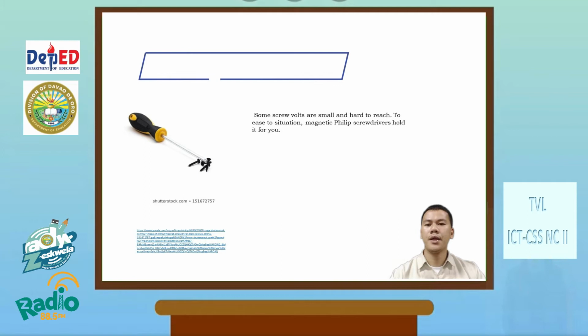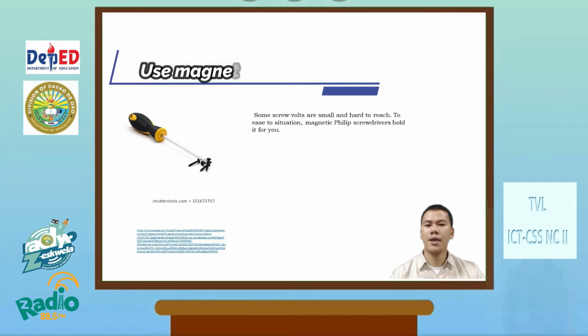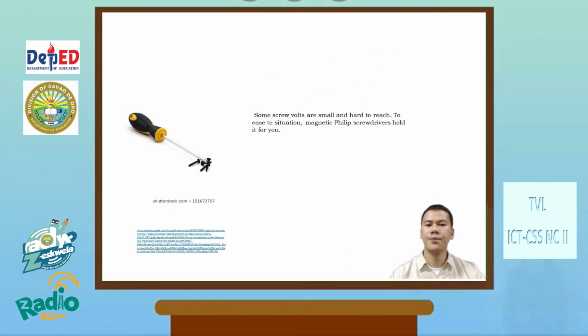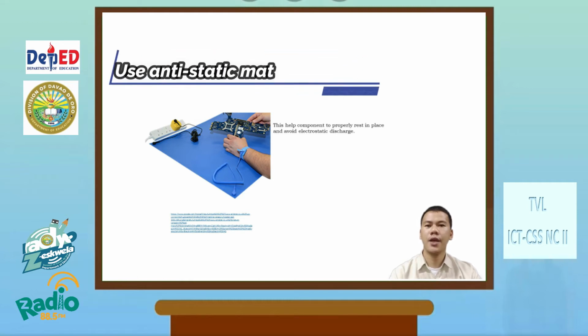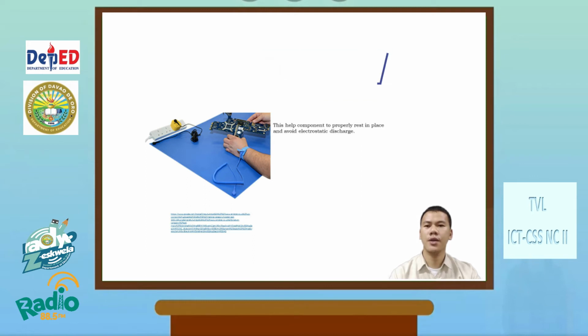If applicable, use a magnetic screwdriver. Some screw holes are small and hard to reach. To ease the situation, a magnetic Phillips screwdriver holds it for you. Use anti-static mat. This helps components to properly rest in place and avoid electrostatic discharge.